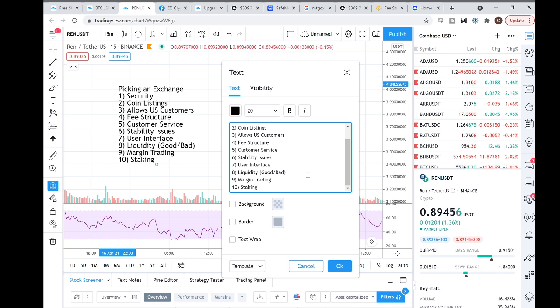You now understand what market buy and market sell are, what limit buy and limit sell are, and what happens when you click that sell button or that buy button. Now you understand what stop loss is. You understand what liquidity and slippage are. You now have all of our referral links and all the tools guides for you guys. Then we also went through our 10 most important things in picking an exchange.